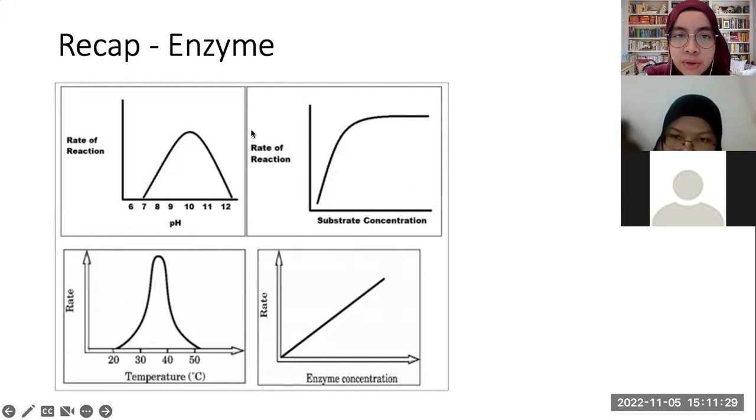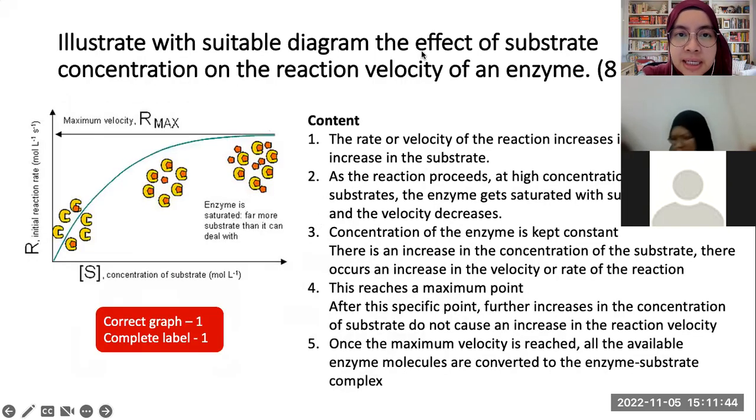When it comes to rate, you have to imagine there's time involved, for example, in 1 minute, what is the rate? What is the velocity? You can put rate of reaction, or something like the question, reaction velocity of an enzyme. The safest one, you can just write rate of reaction.